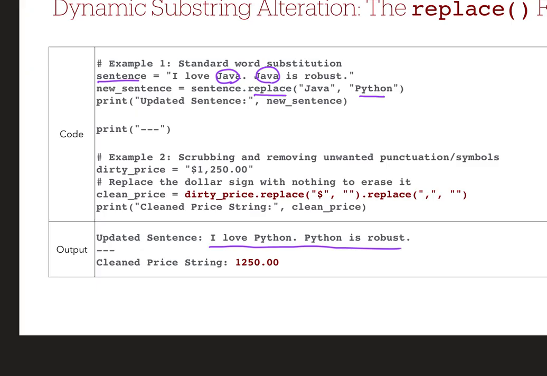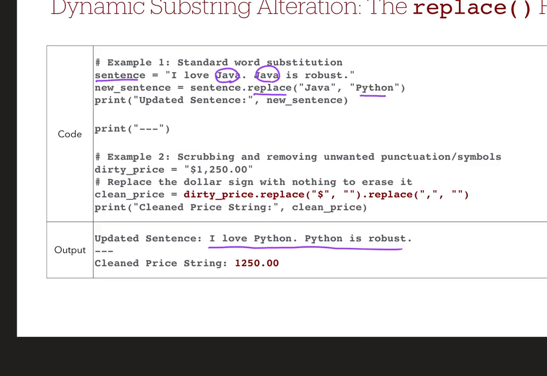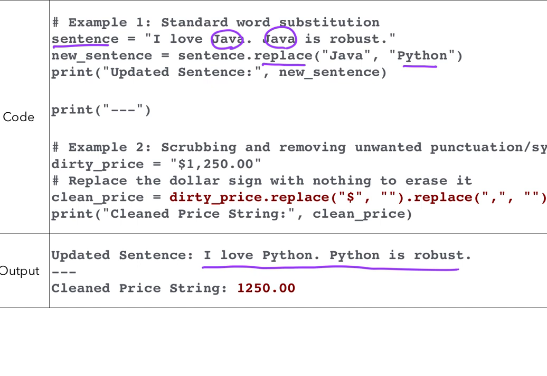Okay. And example 2, I have price in the amount of $1,250. Now in this character string, if I call replace with this one, this dollar sign will be replaced by an empty string.